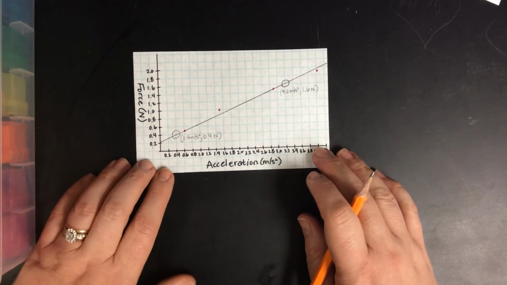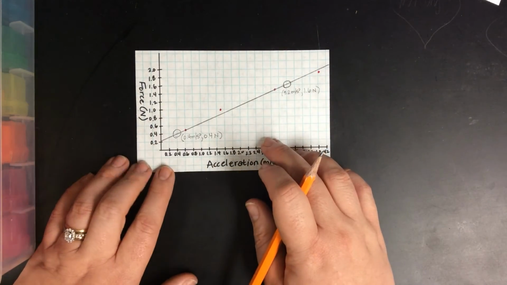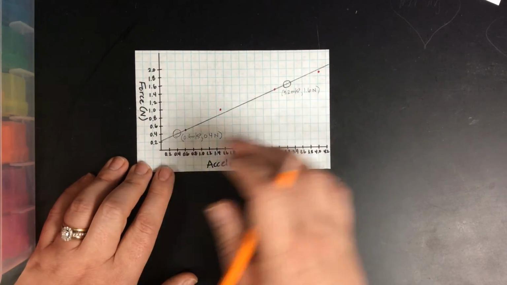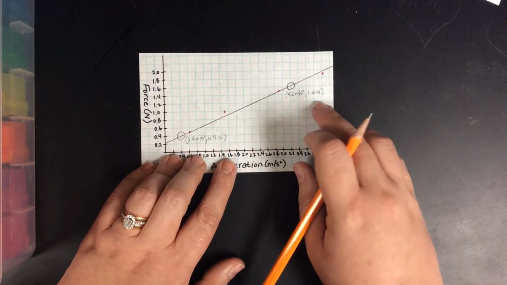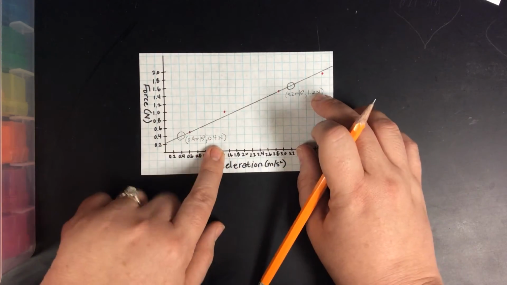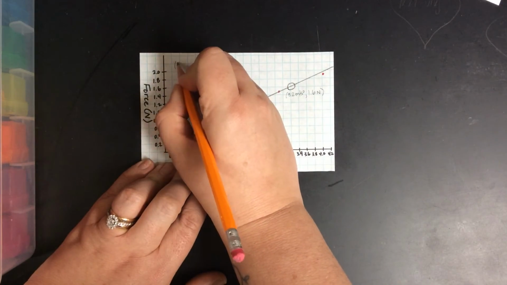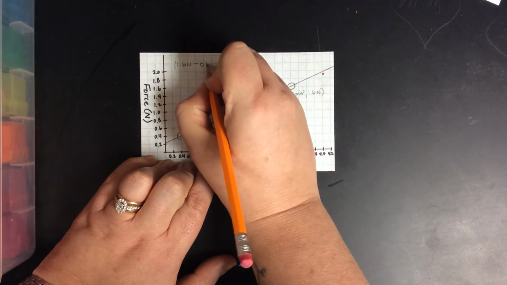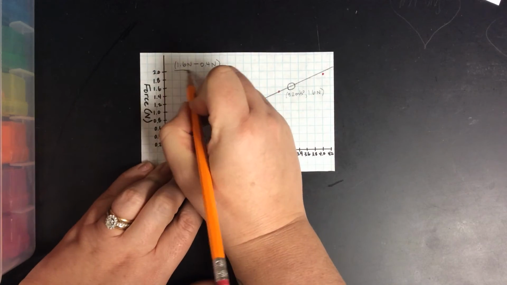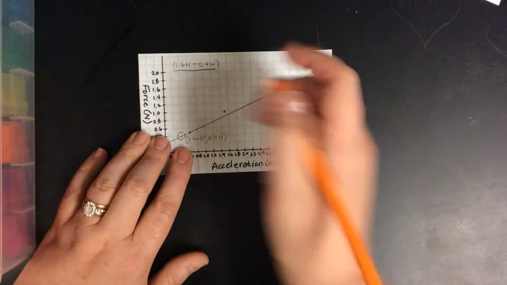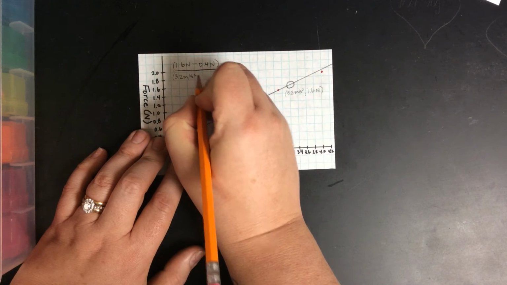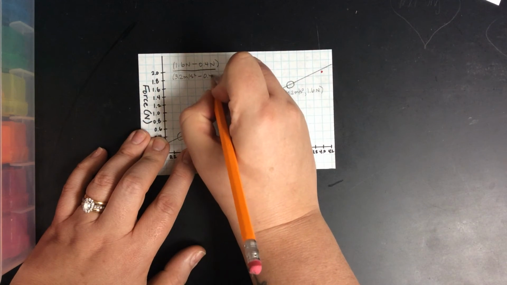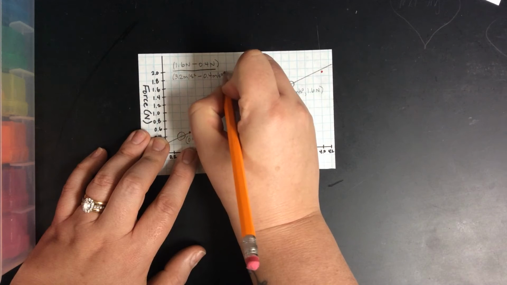Now I'm going to find my slope. You can do it right here in the blank space in your graph paper, or you can show your work on your journal. So y2 minus y1, 1.6 newtons minus 0.4 newtons, over x2 minus x1, 3.2 meters per second squared minus 0.4 meters per second squared.